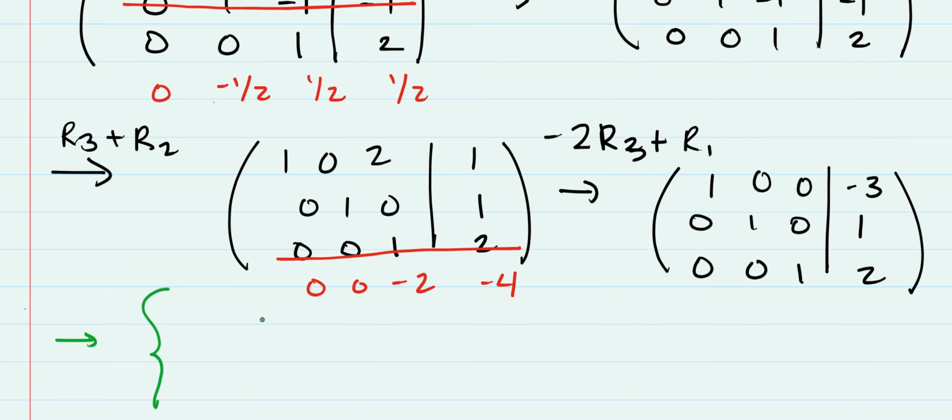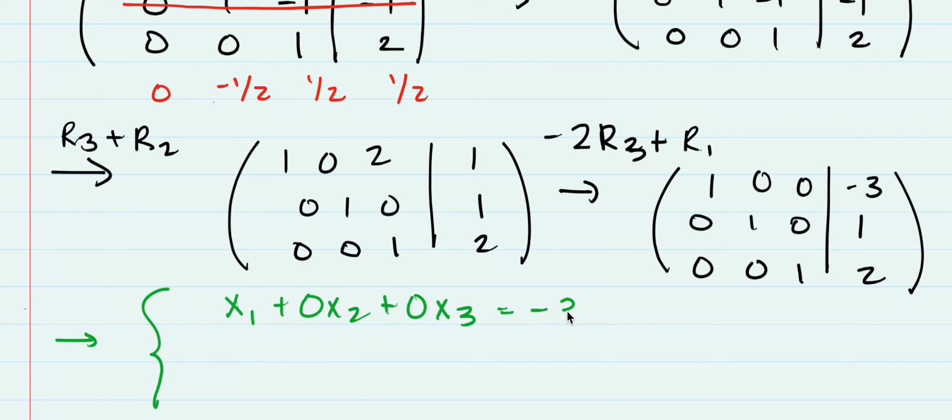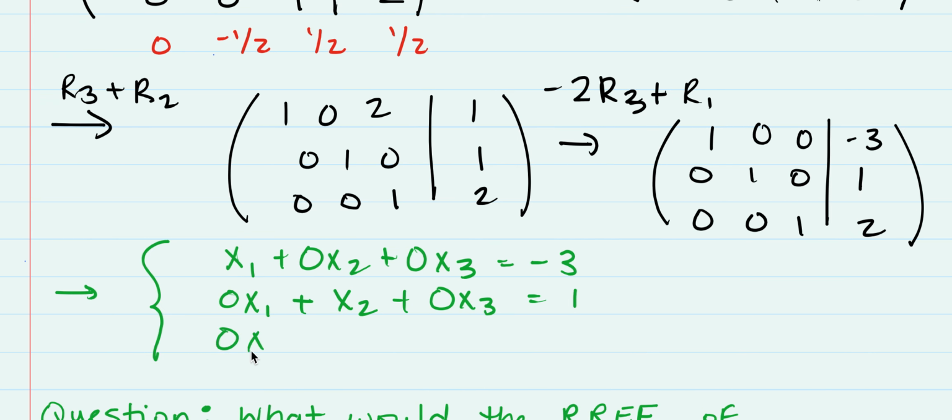We get the linear system. I'm going to erase this so I have some room. x1 plus 0x2 plus 0x3 is -3. 0x1 plus x2 plus 0x3 is 1. And then the last row is just x3 is equal to 2.